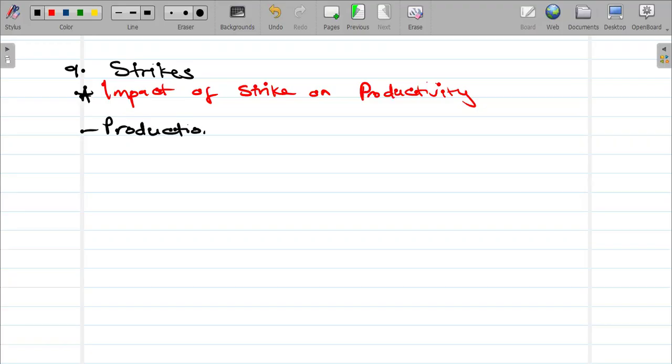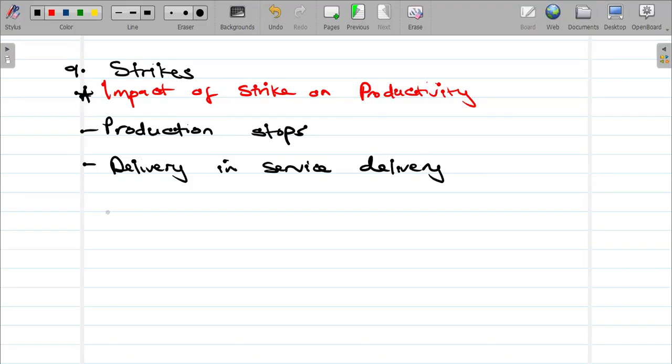Meaning to say, there's no production taking place, right? So this might also cause delays in service delivery. And also it might cause loss of income, since the employees who engage in strike cannot be given a salary. They are not entitled to a salary.